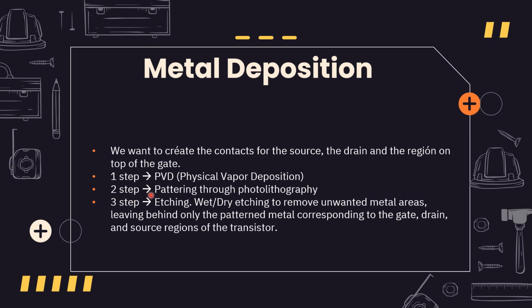Then we will have the pattern through photolithography. As we just explained before, we can design the pattern we want to perform. And then the third step is etching. Etching can be either wet or dry, and its function is to remove those excess areas containing metal, leaving the pattern we designed through PVD and patterning with photolithography.